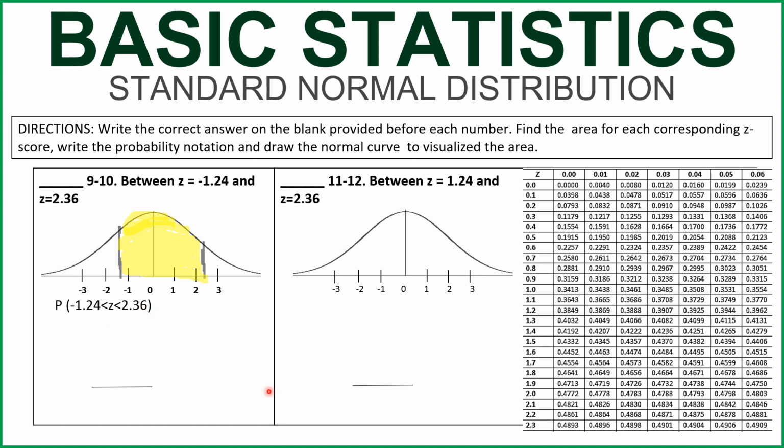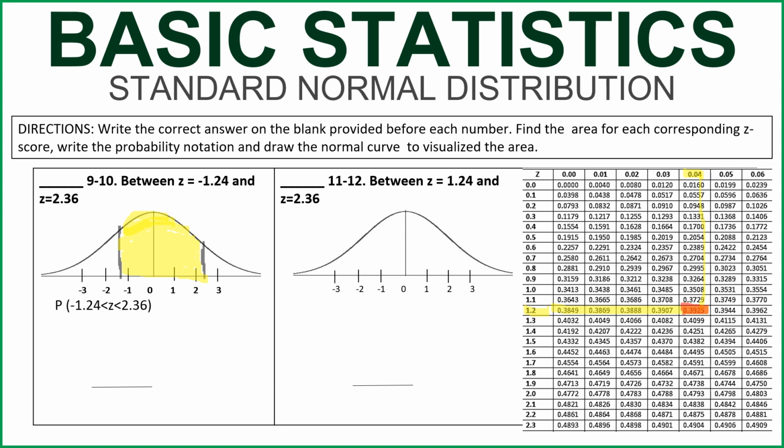So let's first find the area of negative 1.24. Let's locate. The first two digits are 1.2. So this is 1.2. And the last digit is 0.04. And then we get the intersection. Therefore, the area of negative 1.24 is 0.3925.